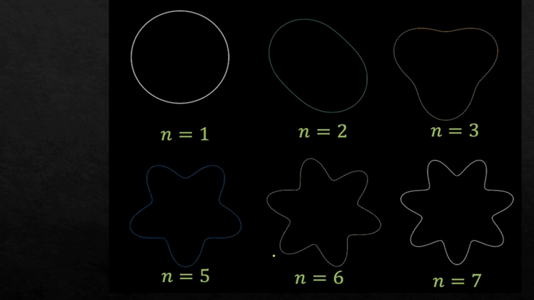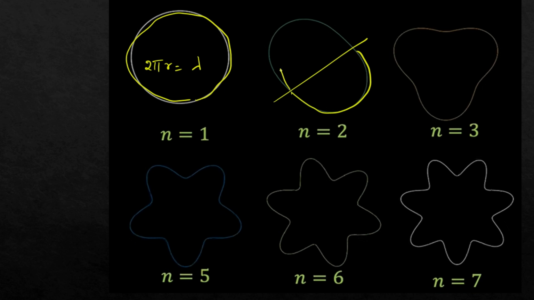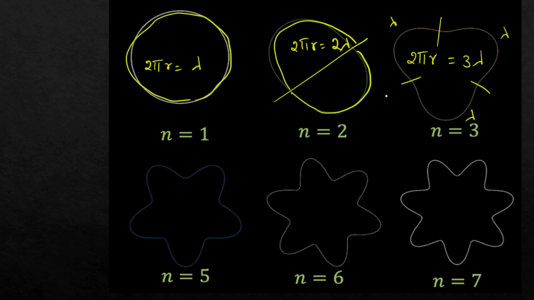See here, for the first case, 2 pi r is equal to lambda, so only a single wavelength. Two wavelengths are present here, this is the first wavelength and this is the second wavelength. So total circumference 2 pi r is equal to 2 lambda for the second orbit. And for the third orbit, this is lambda, one more lambda, and one more lambda. Total circumference of Bohr's orbit will be equal to 3 lambda for the third orbit.